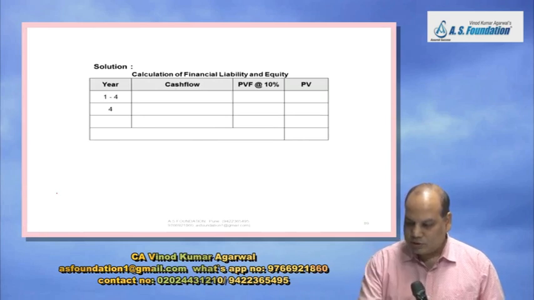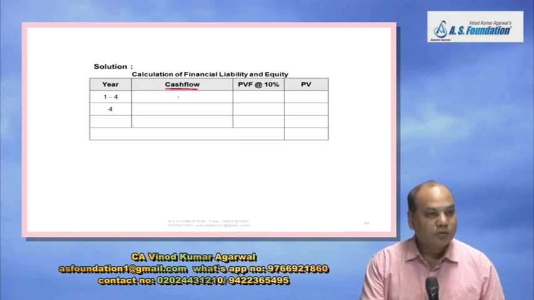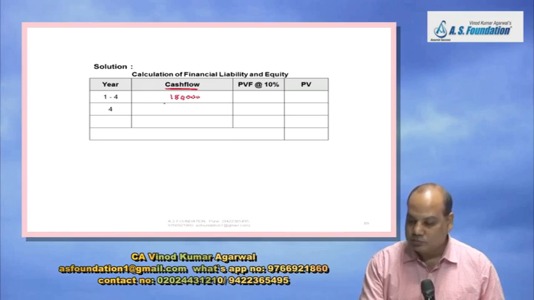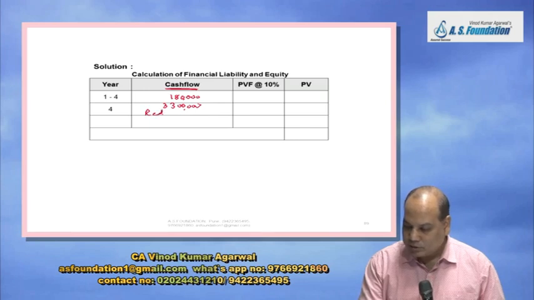So you answer first. How much is the cash flow you have written for 1-4 year? 1,80,000. And what is the year 4 redemption value? You will consider this. Redemption is at the option of, conversion is at the option of holder.